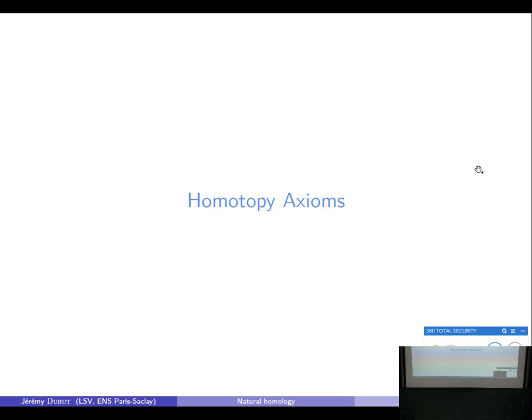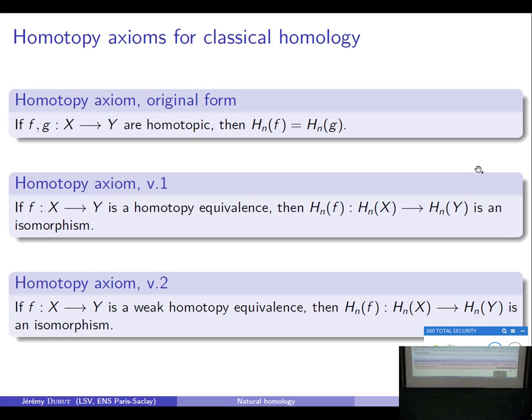Lastly, I would like to talk about the homotopy axiom. In classical algebraic topology, the original form of the homotopy axiom is the following. It states that if two continuous functions are homotopic, then they induce the same morphism on homology.